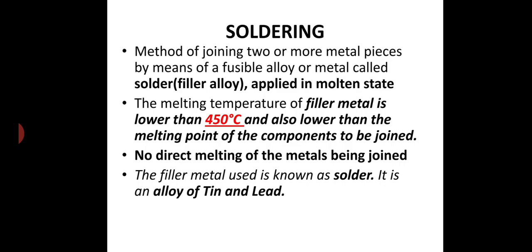Instead, you utilize a filler metal called solder for joining the material. You will know that solder is actually an alloy of tin and lead, and that is utilized for joining metal pieces.